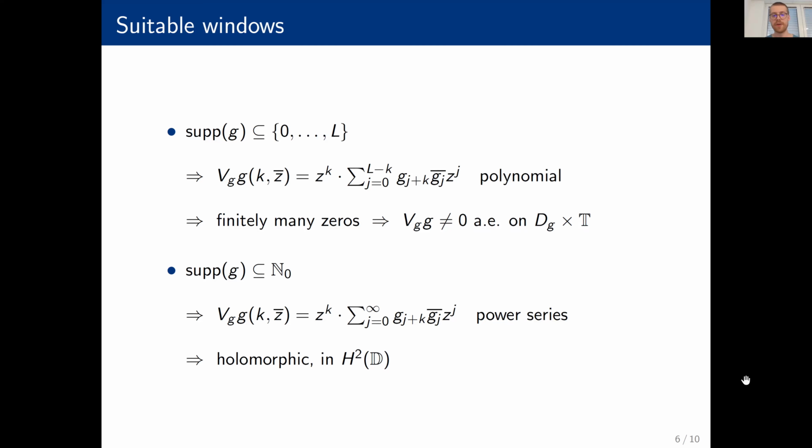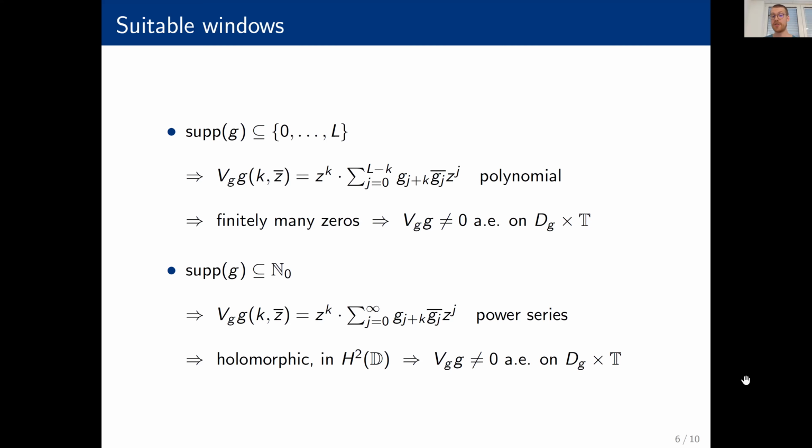And then because of the properties of this Hardy space, we can conclude that VGG is again non-zero almost everywhere on DG times the torus. So also for these one-sided windows, recovery is actually equivalent to connectedness. And of course, we can look at any window where the support is exactly the non-negative integers.